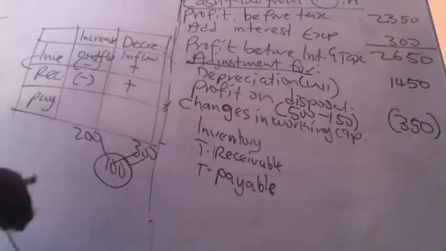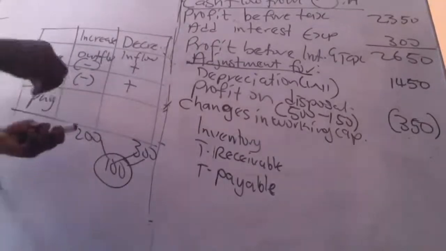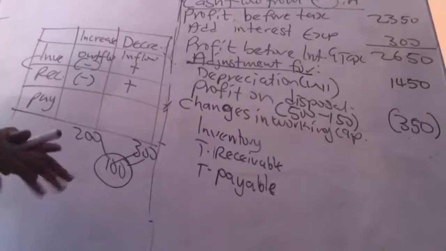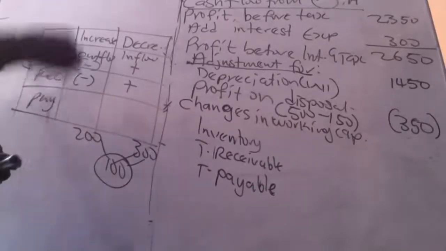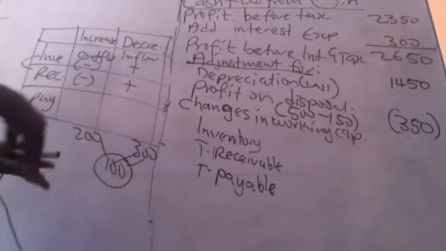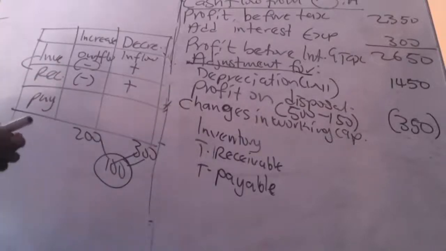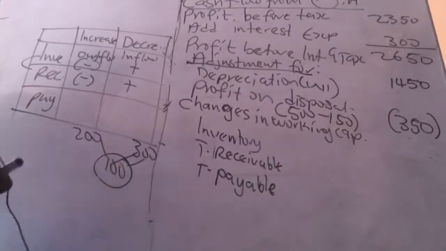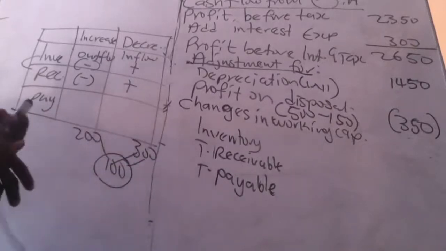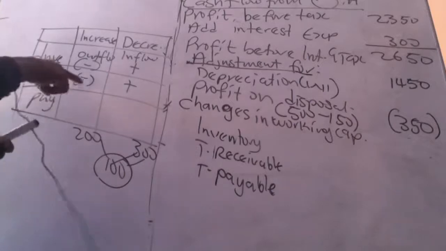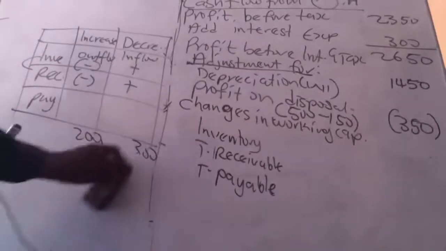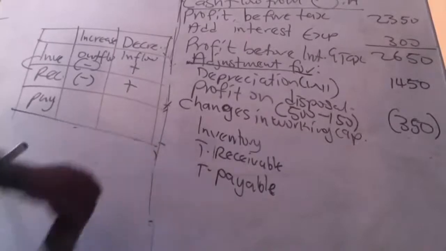You have given them goods, cash in the form of goods, because you have not received the money. You have used your 100 Ghana cedis to buy the goods and give them on credit. So indirectly, you have given them the 100 Ghana cedis. So that's what I'm saying: it's an outflow.